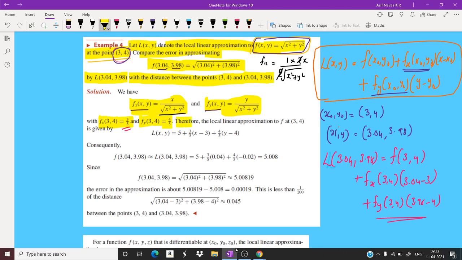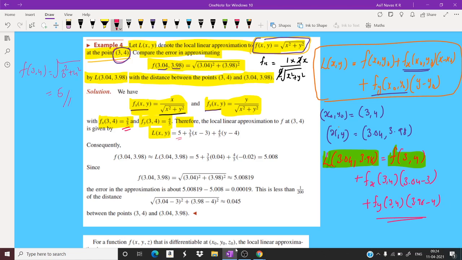Now we can write the local linear approximation. L of (x, y), where x is 3.04 and y is 3.98, is equal to f of (3, 4). f of (3, 4) is root of 3 square plus 4 square, which is equal to 5.